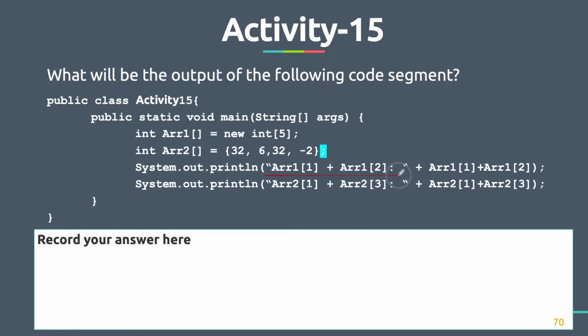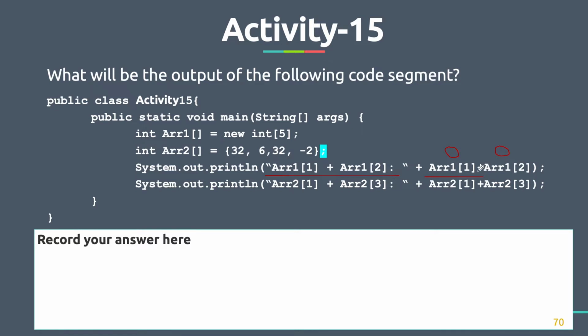So it will print this statement as it is, and then here's the tricky part. Array 1 at index 1 should be 0 because we didn't initialize it, so we will have the default value. This is 0. And then plus array 1 at index 2 is also 0.